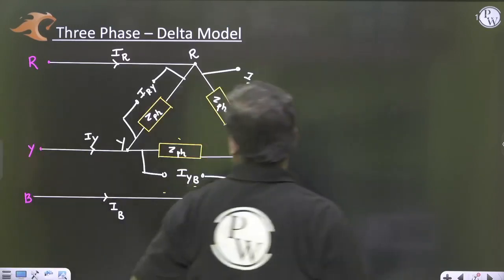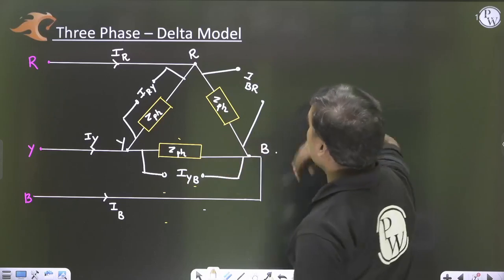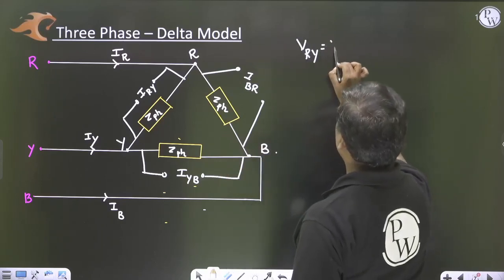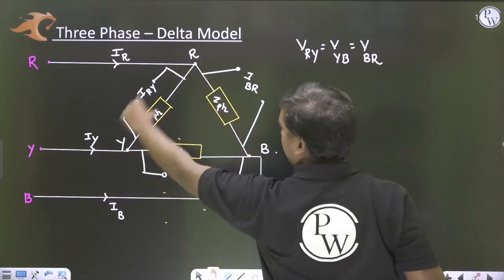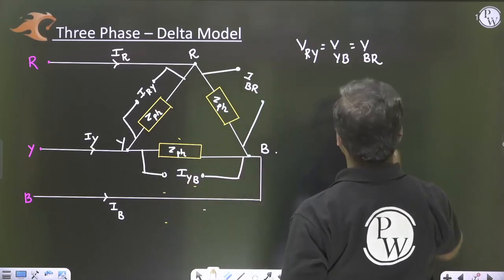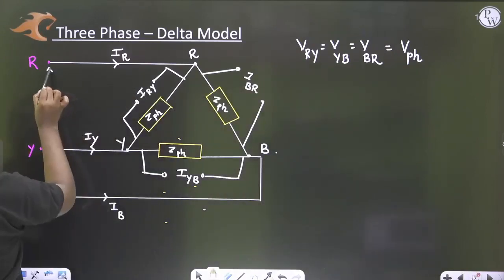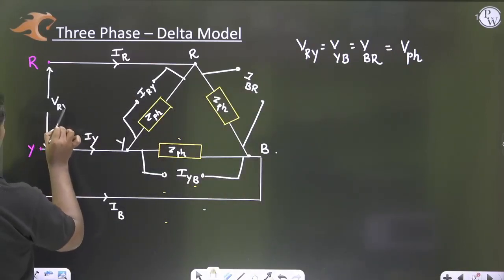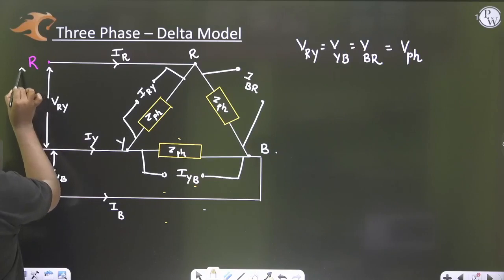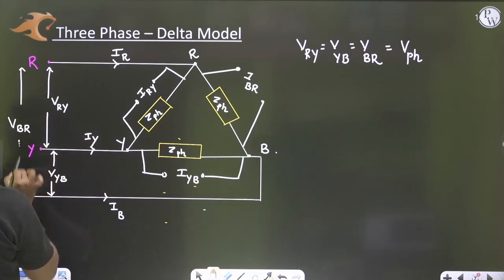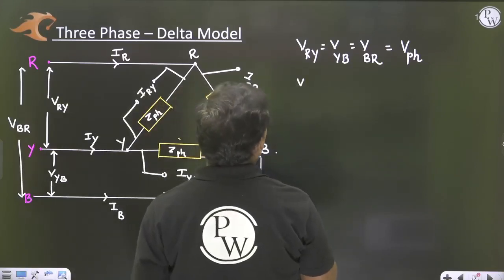What are the phase voltages? The voltages across these particular impedances, VRY, VYB and VBR. These are the phase voltages, and the line to line voltages are also the same.